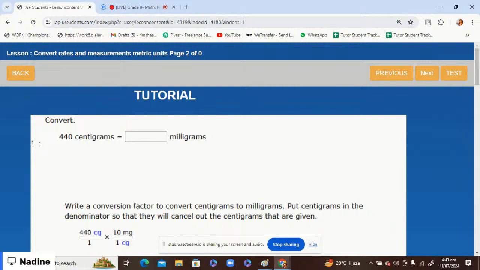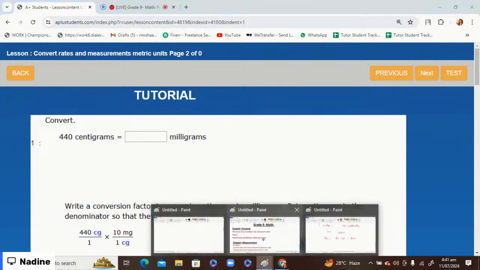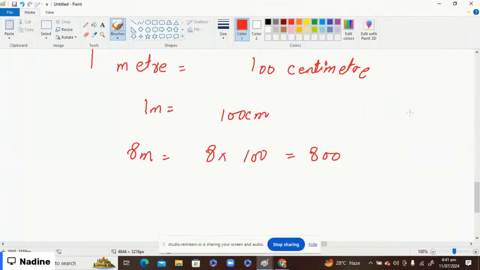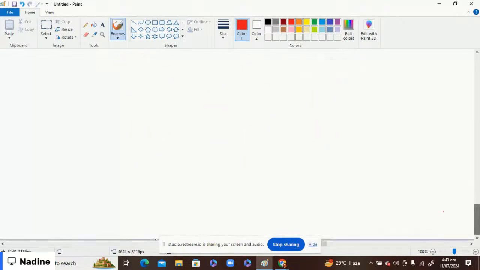Firstly, let me tell you that: 1 centimeter is equal to 10 millimeters.